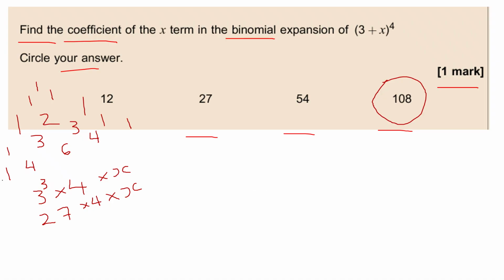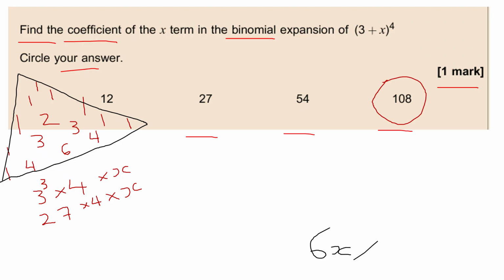Because it was 6x, we should have multiplied by 6 and then by 3, because it was the third term that we were looking at, and by 3 because we're looking at 3 here.